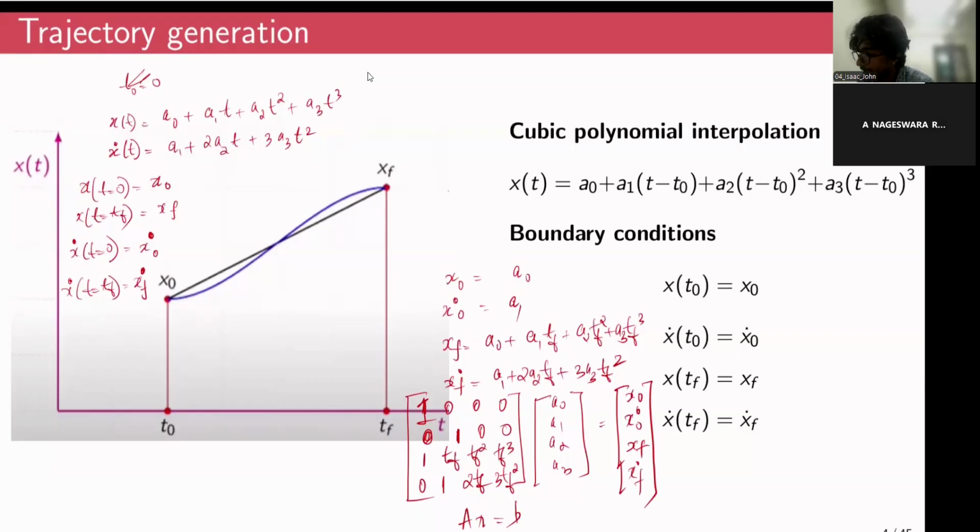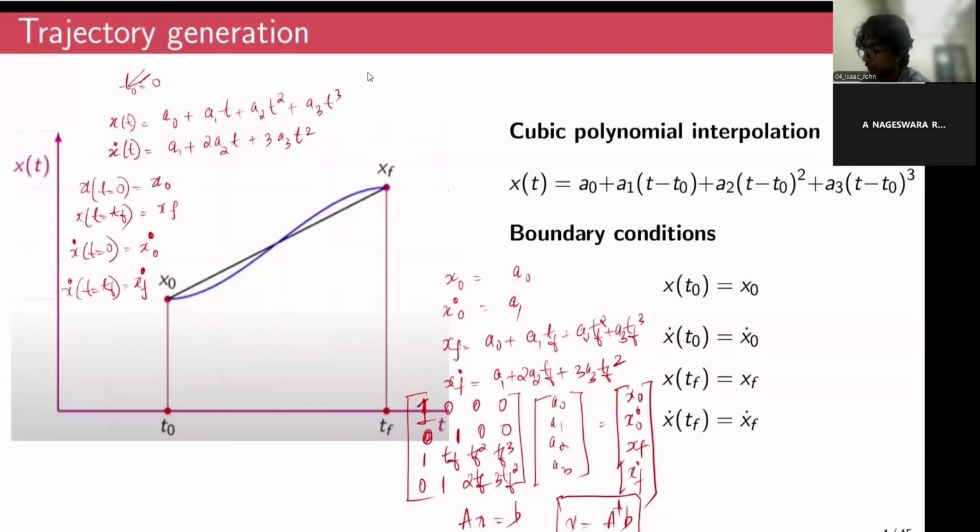So you can find these unknowns a0, a1, a2, a3 as x would be A inverse multiplied by b. So if you invert the matrix of coefficients and multiply that with your vector of boundary conditions, you will be able to obtain the coefficients of the polynomial.